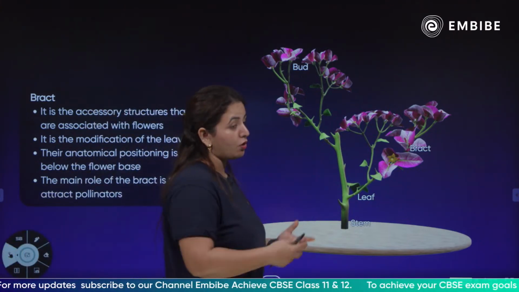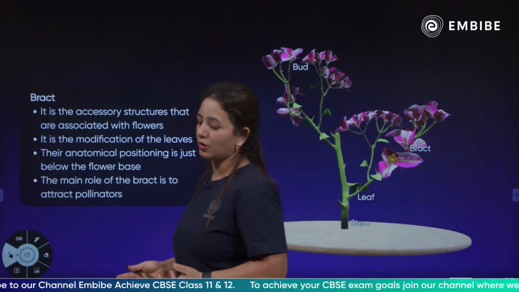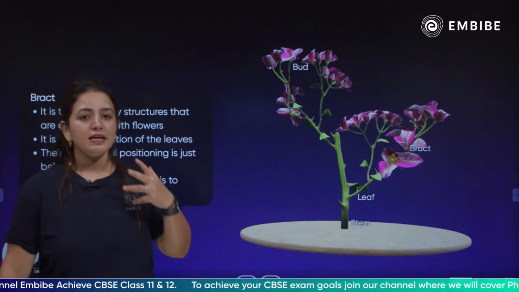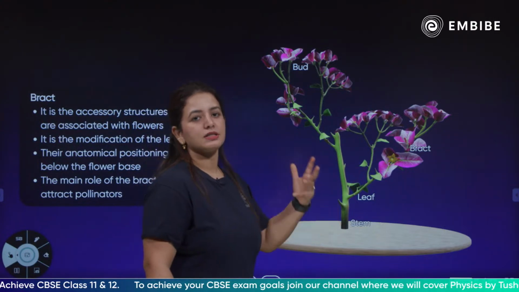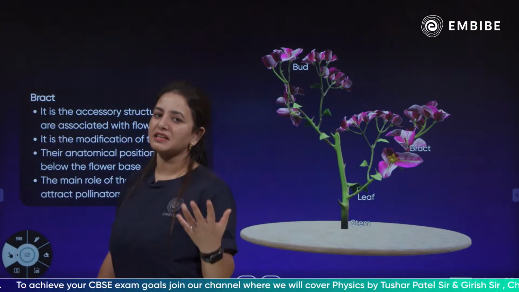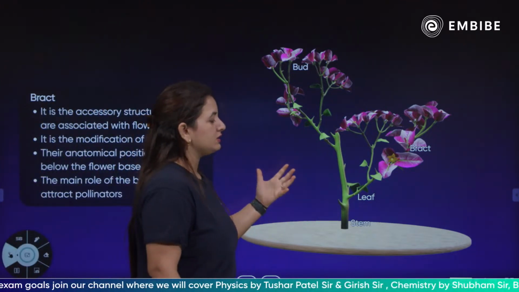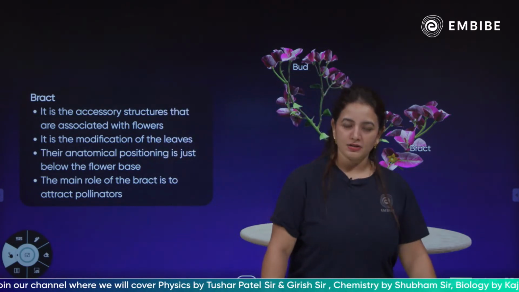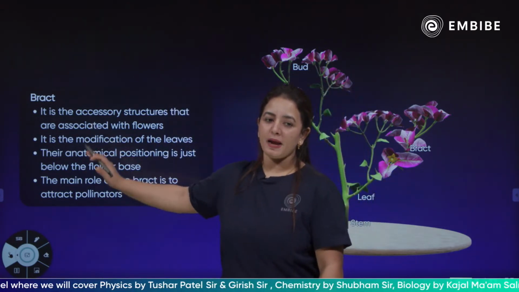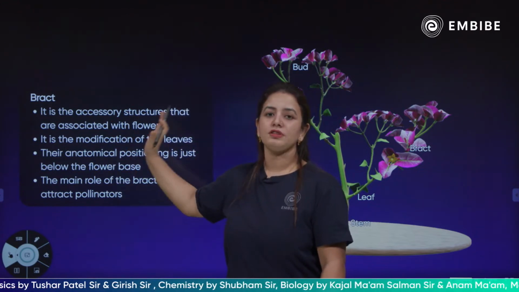Sexual reproduction is the main characteristic of angiospermic plants. So pollination for fertilization is absolutely necessary. So the bract is for the attraction of pollinators. So this is about the bract, just an introduction or a clear description of the bract.